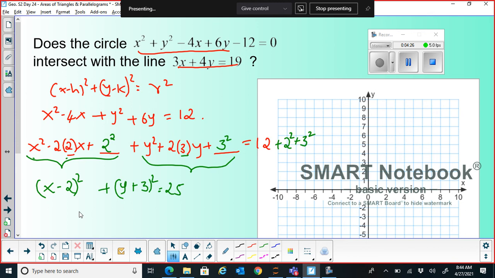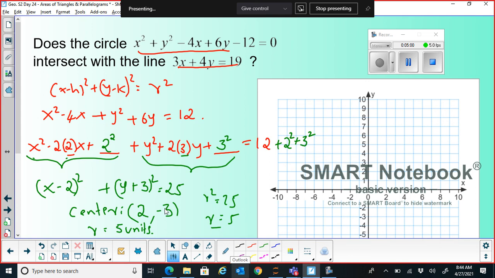From this I get the center of the circle to be 2 comma negative 3, and the radius is 5 units, because r square equals 25, and taking the square root I get r equals 5. We take only the positive value, as the radius can't be negative.